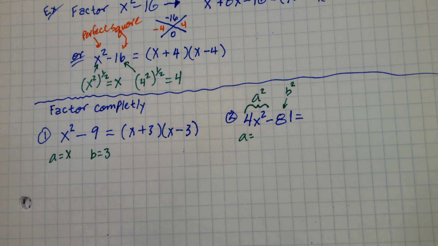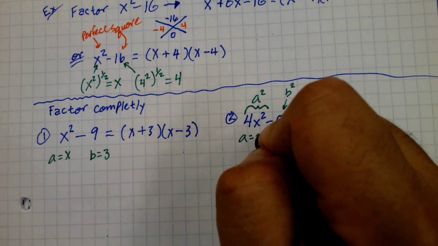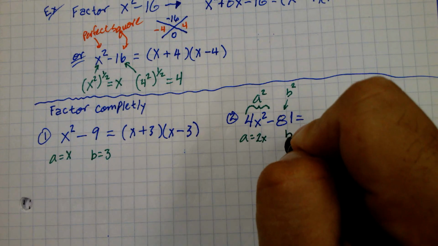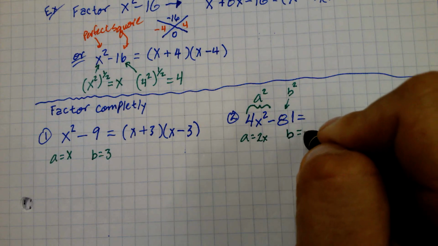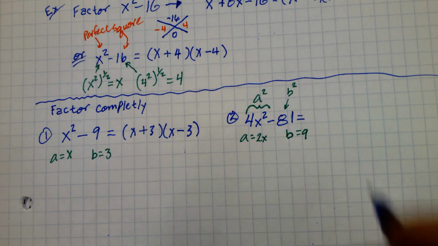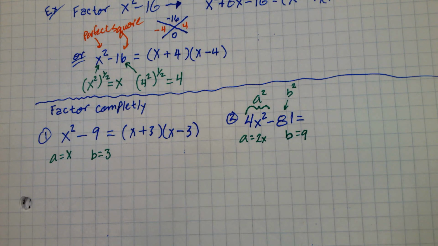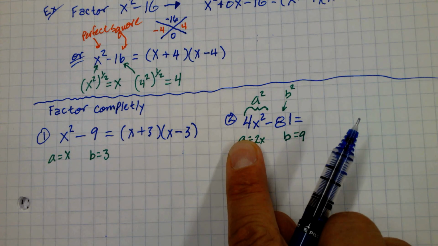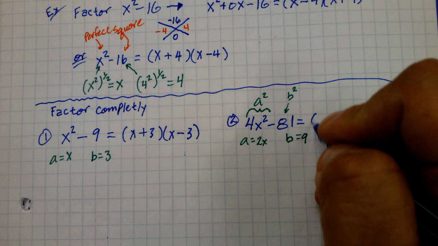We want the square root of 4x squared, 2x. So this time our a value is 2x. And what's our b value going to be? 9. Square root of 81 is 9. So we do have a difference of squares there, because 4 is a perfect square, x squared is a perfect square, and 81 is a perfect square.